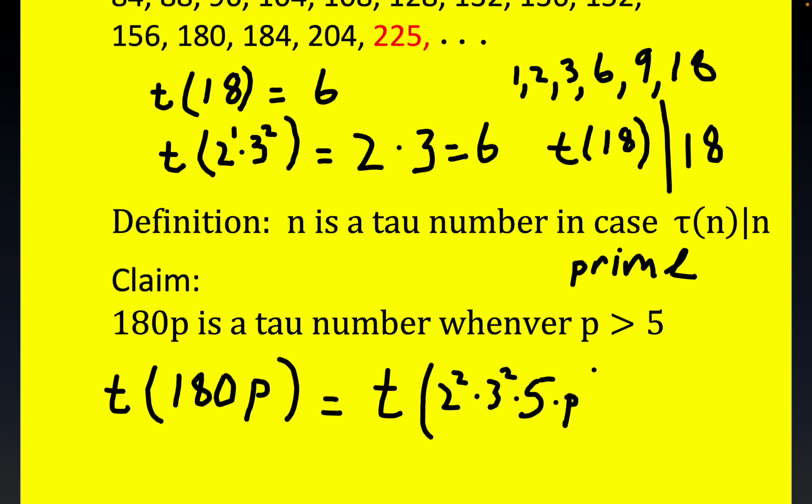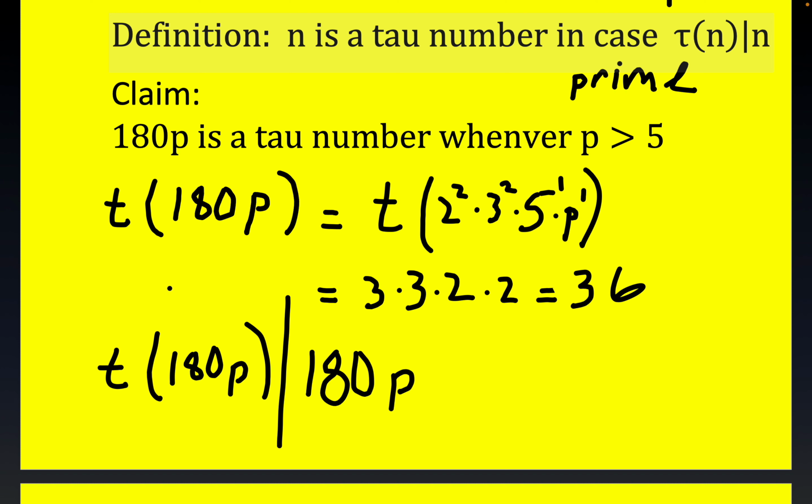So what we've just shown is that tau of 180p, being equal to 36, is a divisor of 180p, right? Pretty cool, folks. This entire object, the result of this operation, is 36, and 36 is a divisor of 180, making it a divisor of 180p, right?